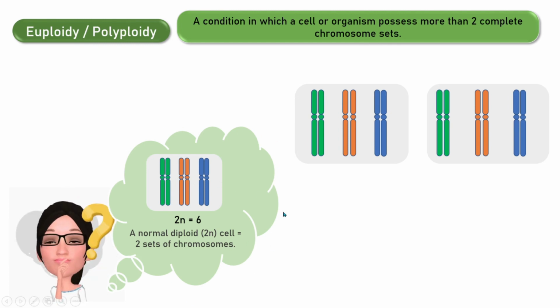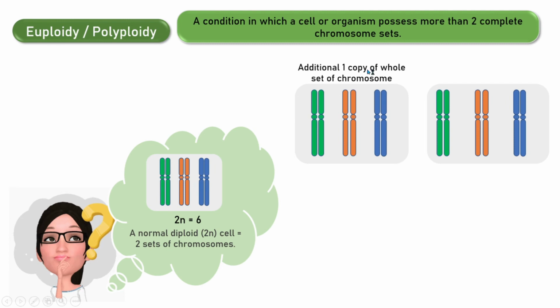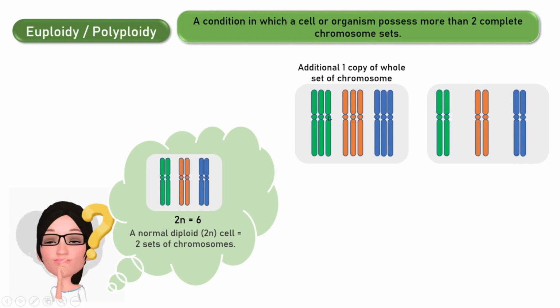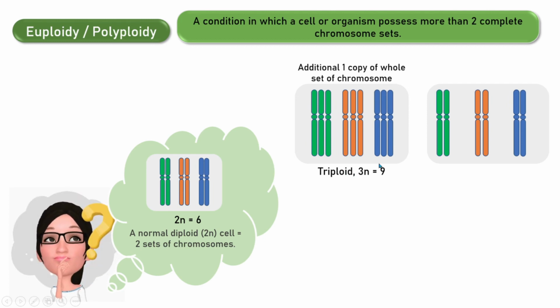So, this is a normal diploid cell, 2n, with 2 sets of chromosomes. Additional 1 copy of whole set of chromosomes will cause this cell to have 3 sets of chromosomes, or triploid, 3n equal to 9 chromosomes.